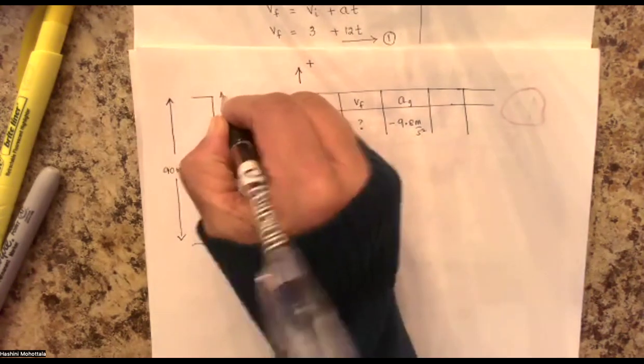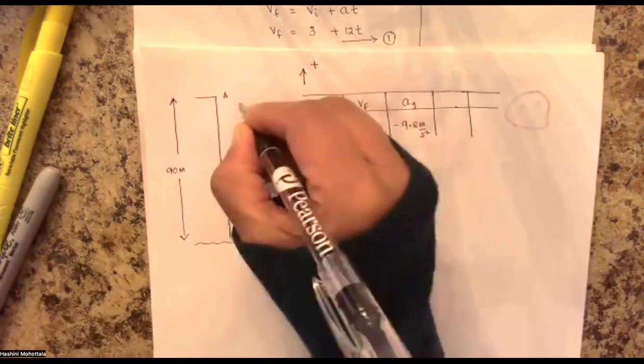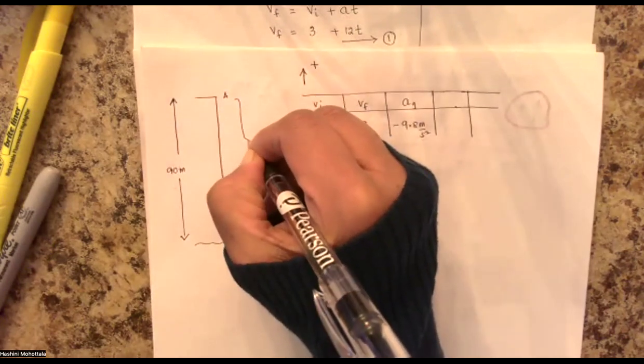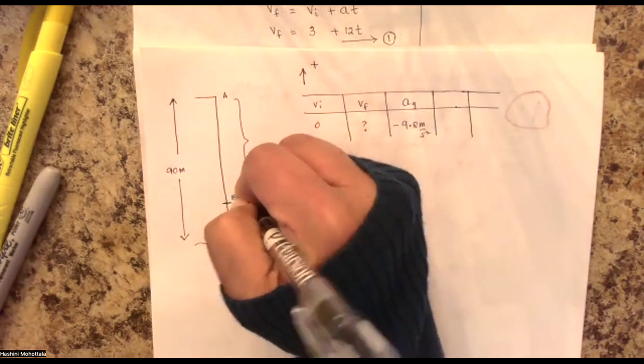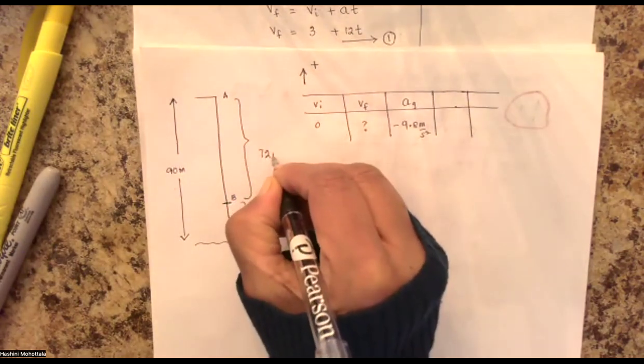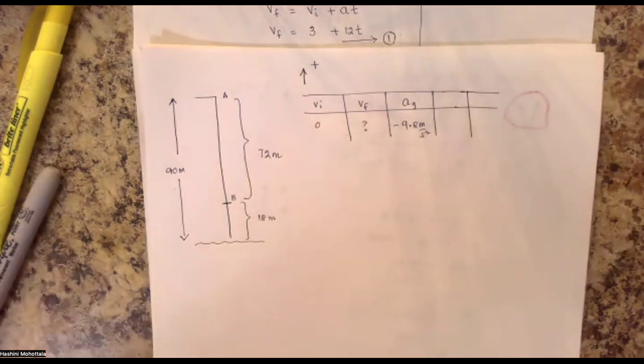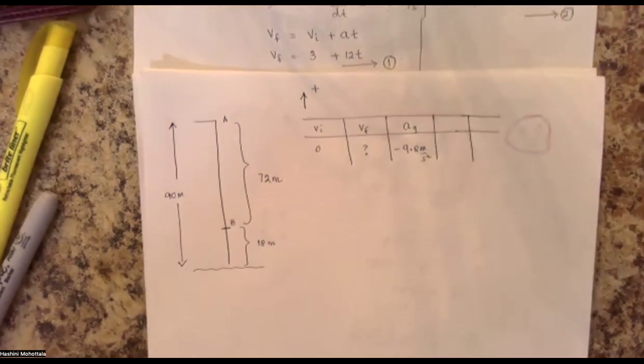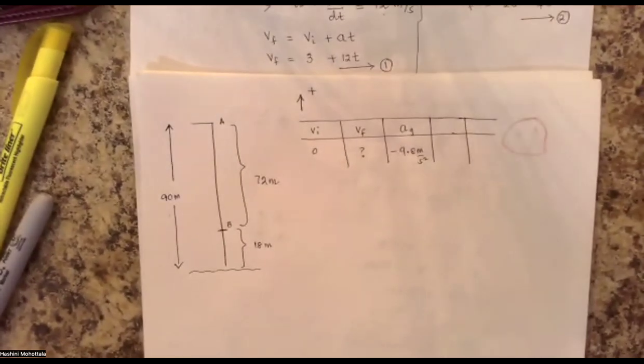So going from A to B, I am covering 72 meters. Going from A to B, I'm covering 72 meters. As I said, I am answering. Oh yeah, I can show the problem again.